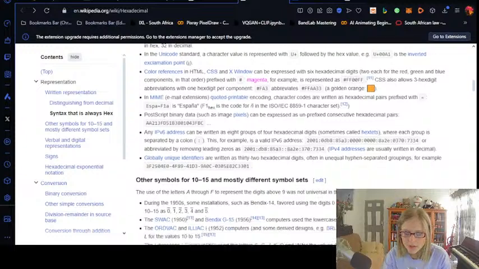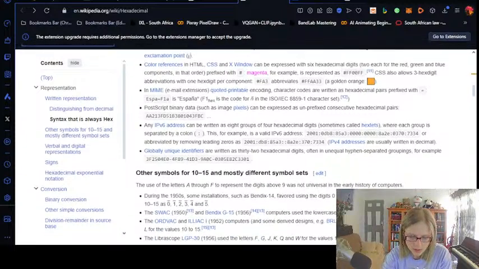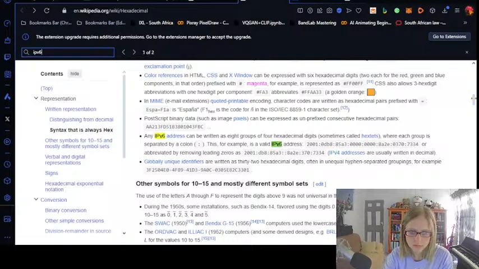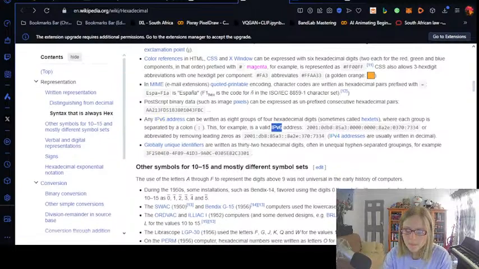So I just wanted to check here. IPv6. So we know that it has 8 groups of 4 hexadecimal digits, and 4 hexadecimal digits represents how many bits? According to my understanding, it represents 4 decimals.